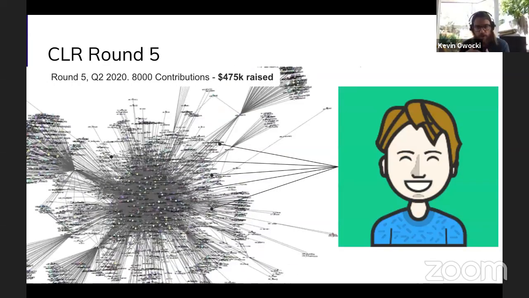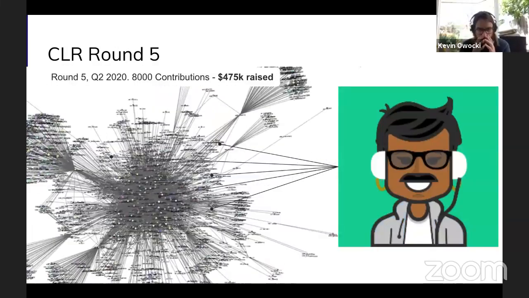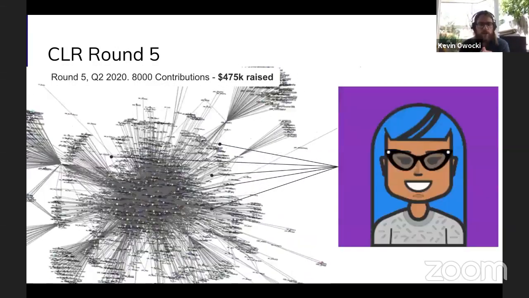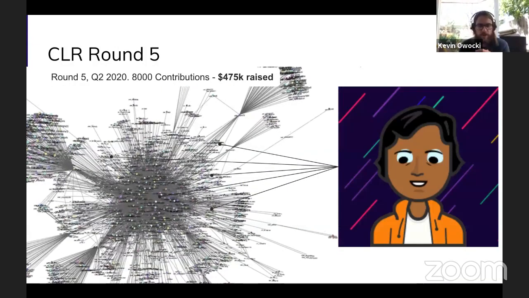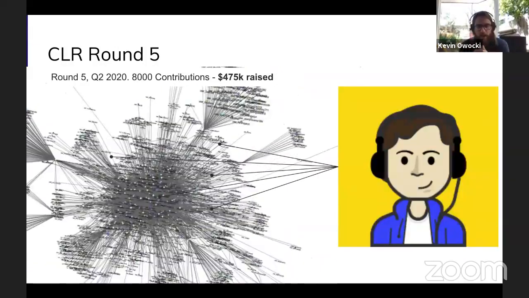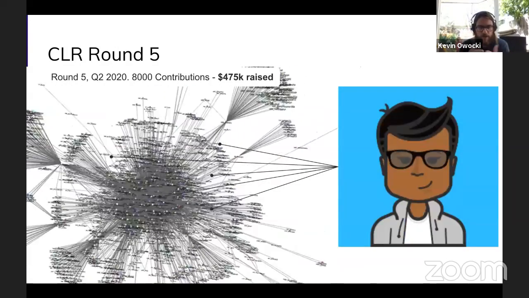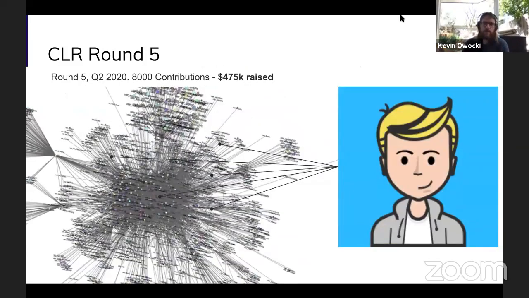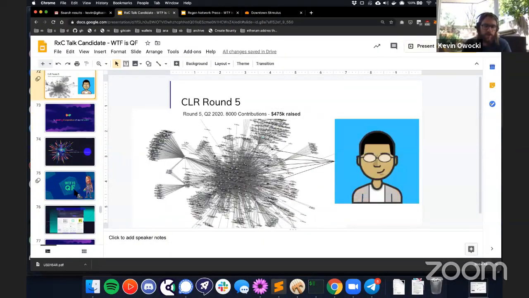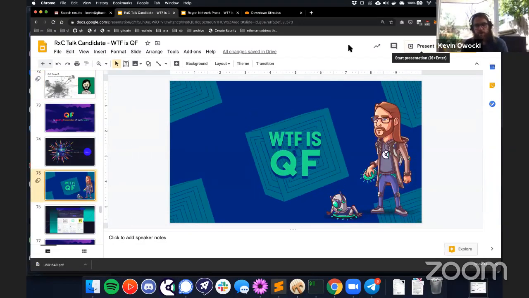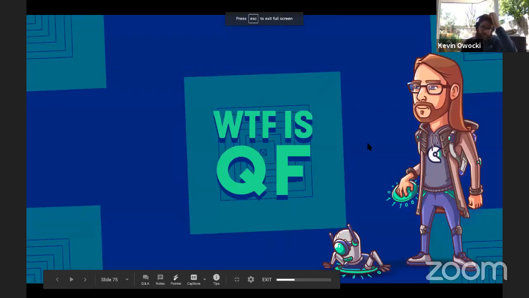So basically, Quadratic funding is all about revealing the preferences of all these three-dimensional humans that are all consuming open source software and are all just trying to make a better world for themselves and their families. And in aggregate, we can figure out how to reveal the preferences and fund things in a more democratic way. So that's the macro vision for what we're doing with Quadratic funding and open source software.